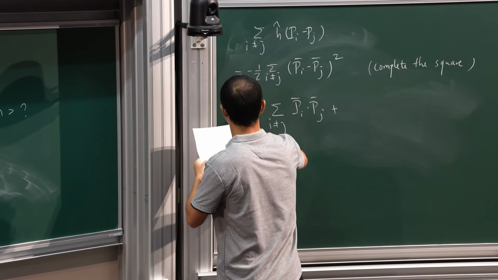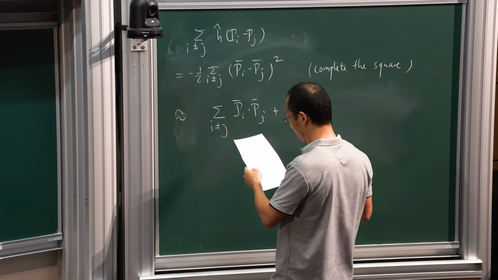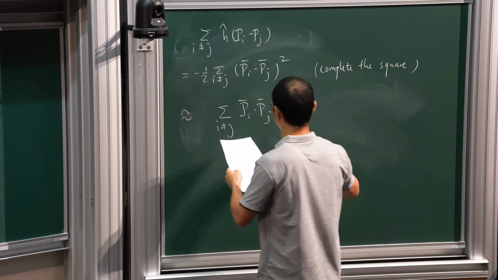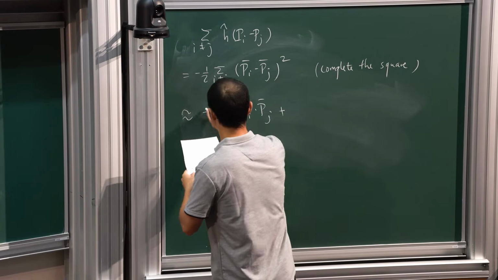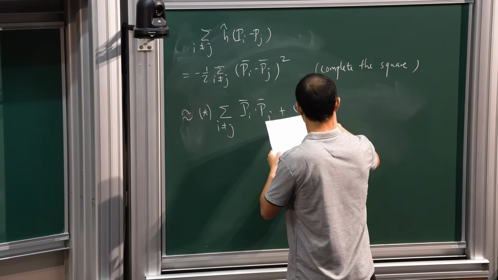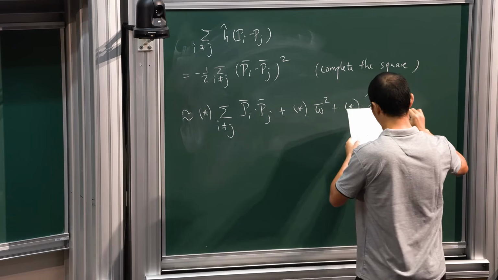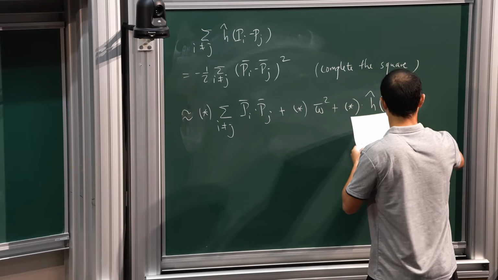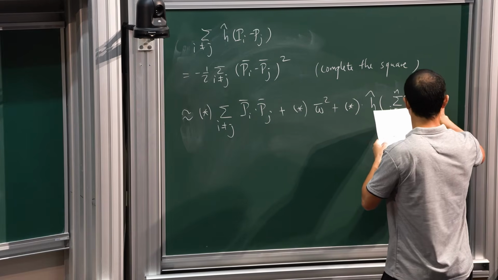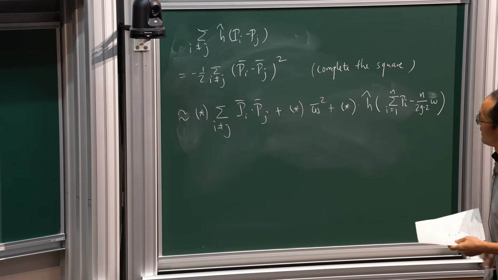Let me just write roughly because there are some constants, but when n is large, they are positive.